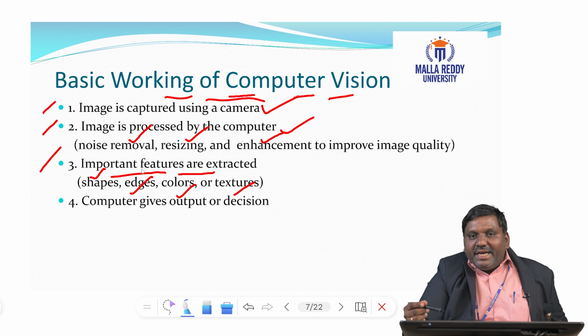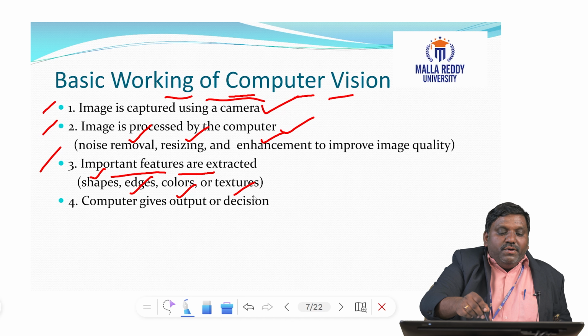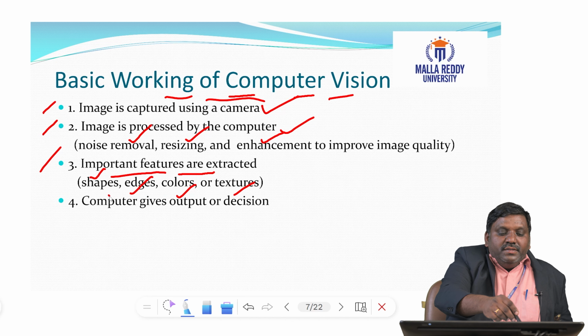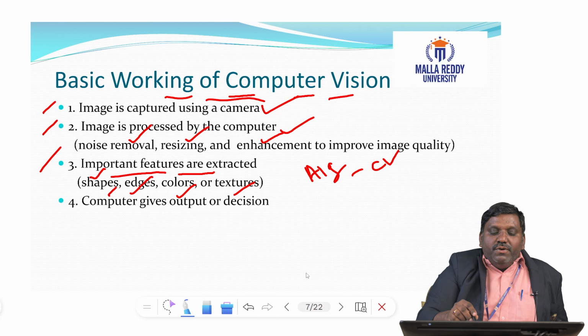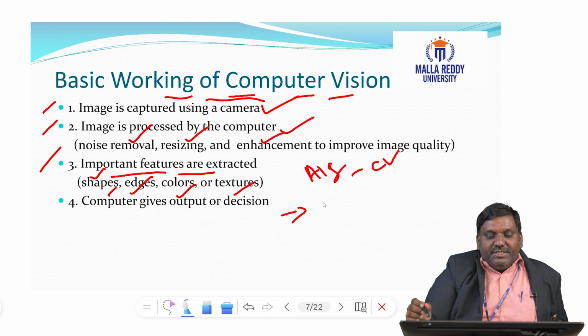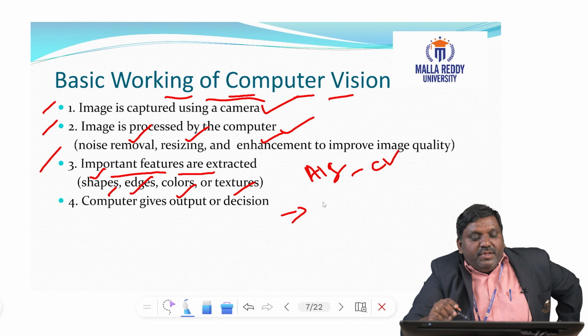In order to extract the features, we are going to extract the shapes, edges or color. We are applying some CV algorithm. Then our computer will give some output as well as a decision. These are the main themes that we are supposed to discuss with these computer vision techniques.